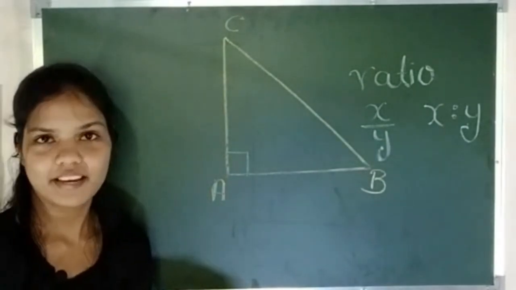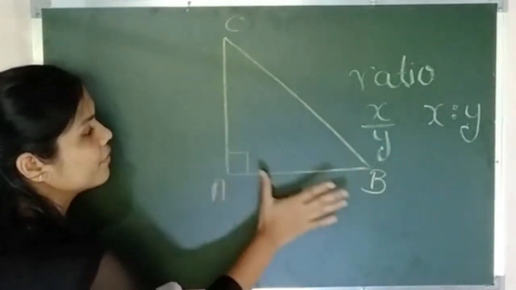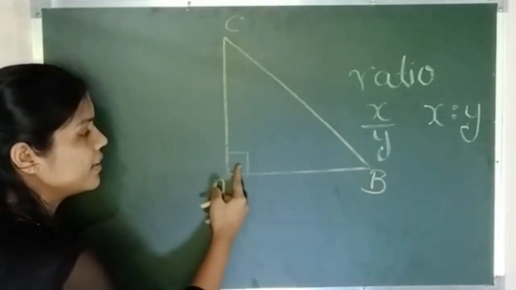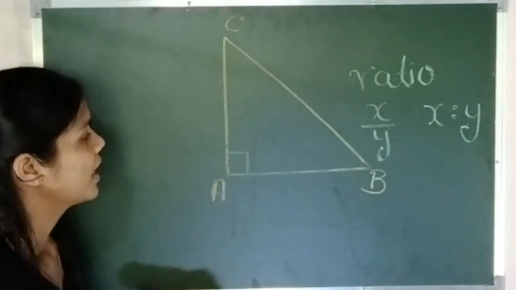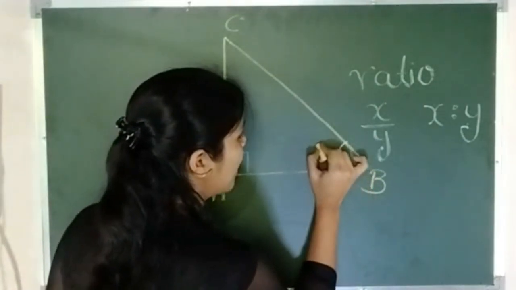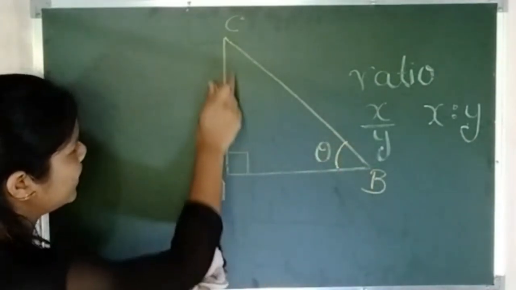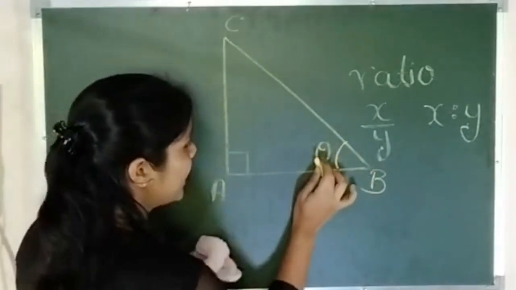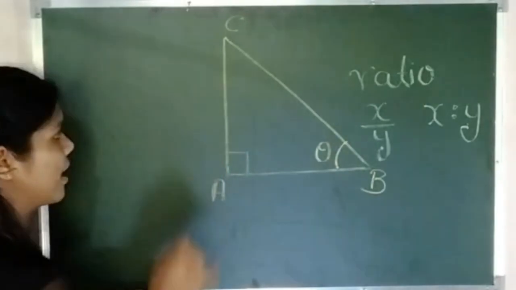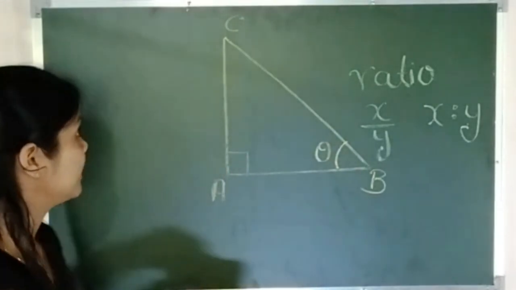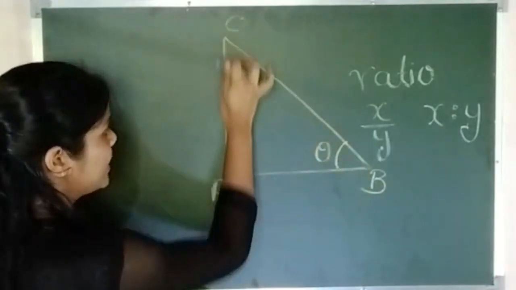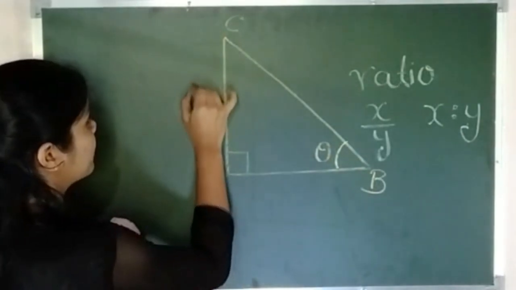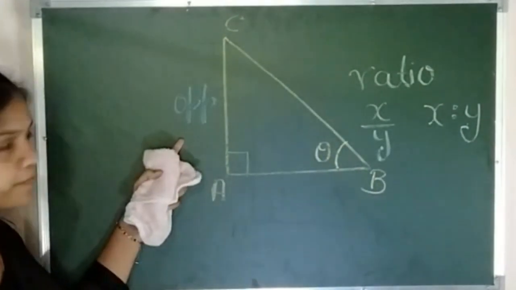Before starting trigonometric ratios, let us name the sides of this right angled triangle. This angle is 90 degrees. I will consider theta is the angle between CB and AB. The side which is opposite to theta is AC. AC is called the opposite side.